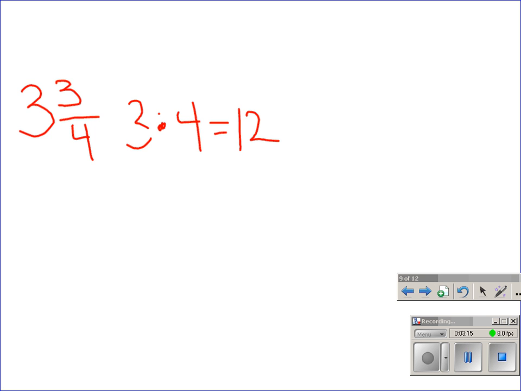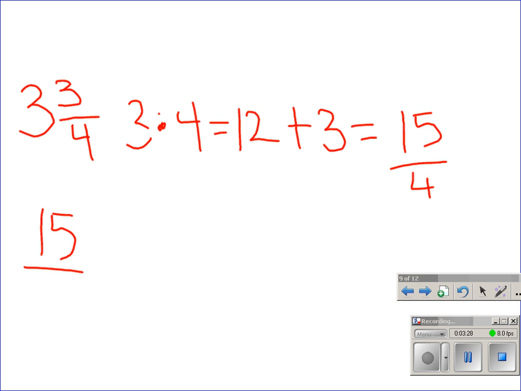Then you add 3 to the 12 to make it 15 over 4, which you would then multiply 15 over 4 by 30 over 1, which equals 450 over 4.